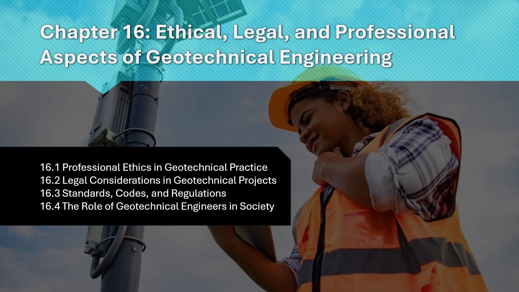Engineers can face legal action if their professional judgment or work leads to harm, including personal injury or property damage. If a geotechnical engineer's decisions directly contribute to structural failures, landslides, or other safety hazards, they may be held responsible. 2. Breach of contract.